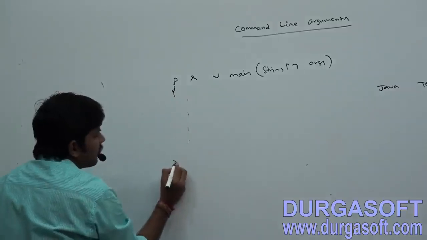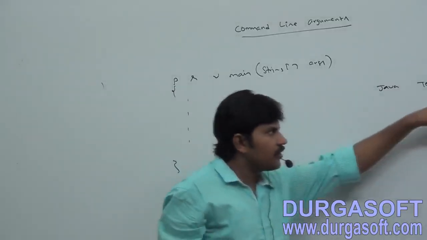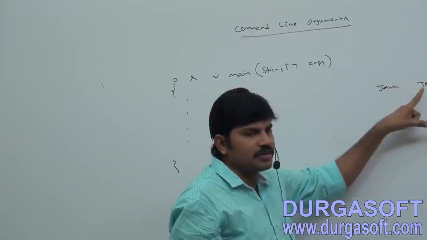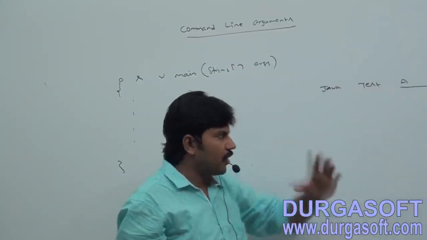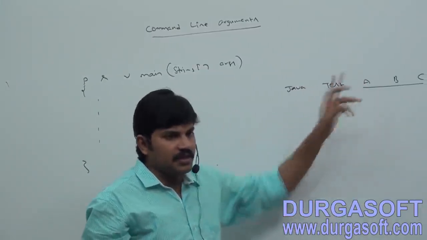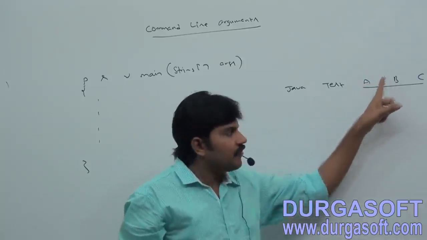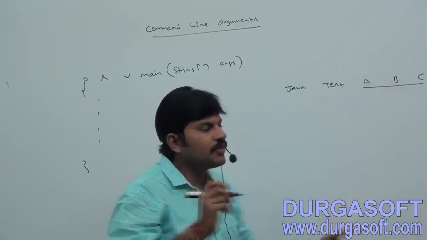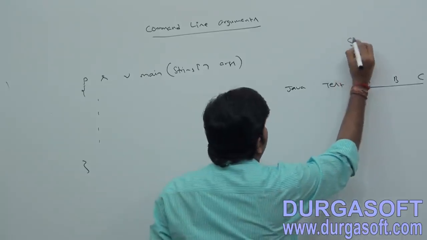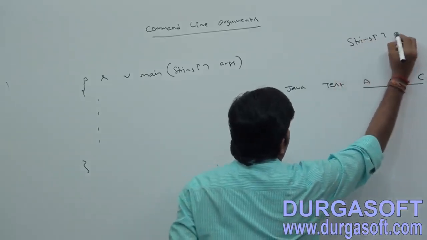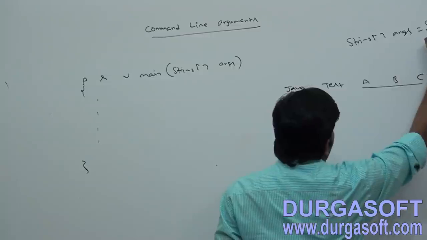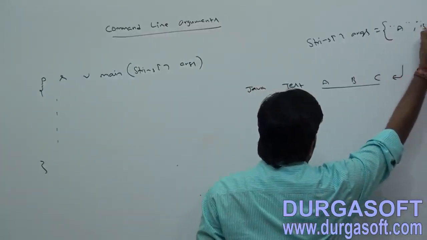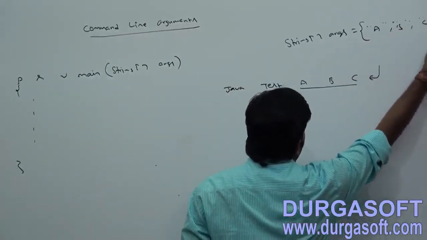Just observe here, whenever we are executing the Test class from command prompt, java Test A B C, with these arguments JVM is going to create one string array. JVM will create one string array with these command line arguments, A, B, C, like this.